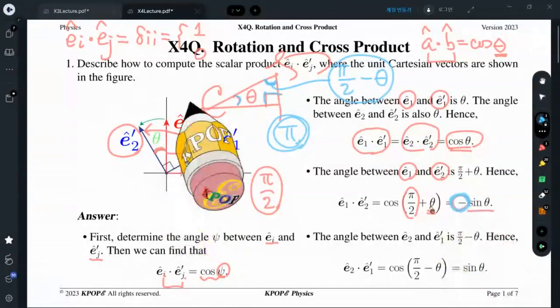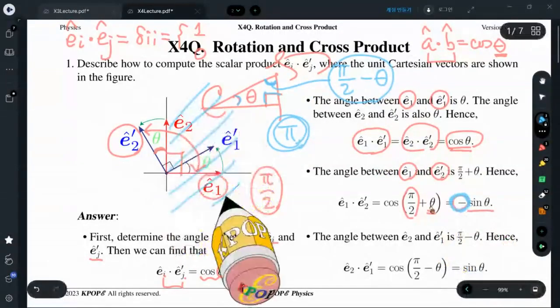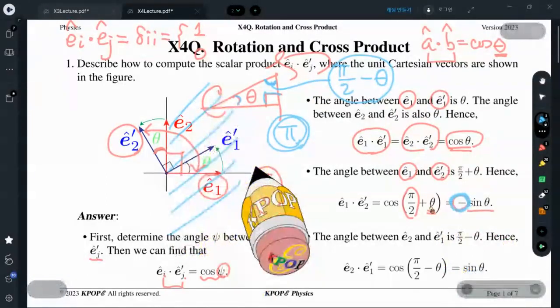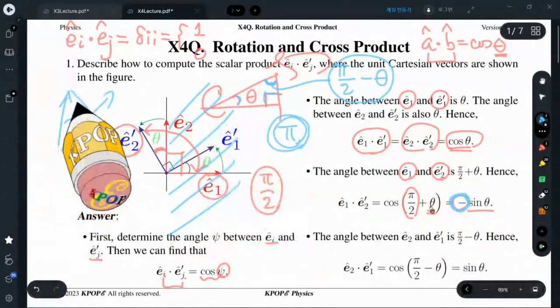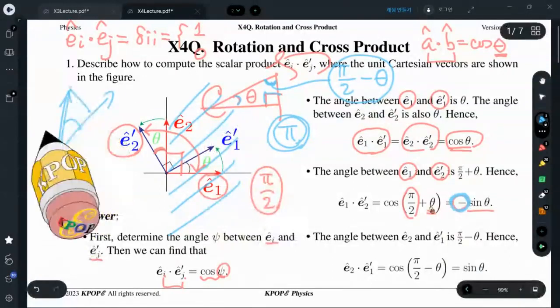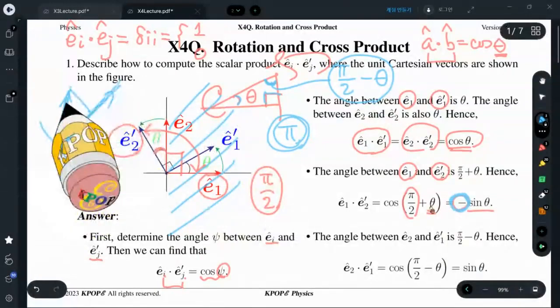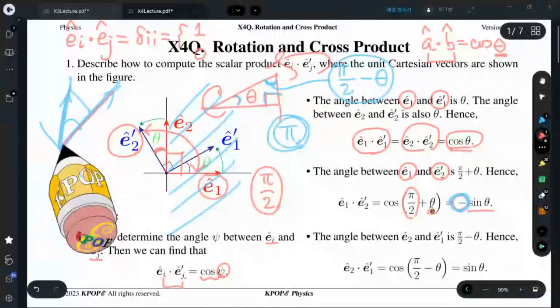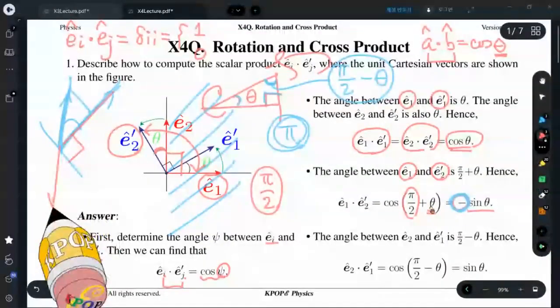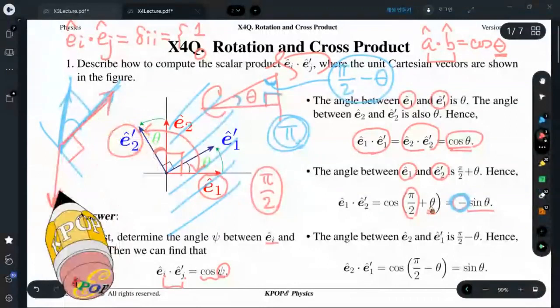If they are on the same side, cosine is always positive. For example, cosine is positive if they have a parallel component along the same side. If the angle is greater than half a pi, for example, these two, cosine becomes negative.